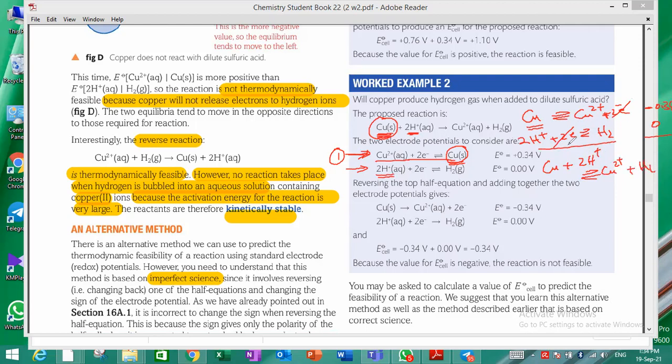So I got my equation. But when I added the E naught values, I got minus 0.34 volts. Since I got a negative value, this means that this reaction is not feasible. For any reaction to be feasible, the E naught cell must be a positive value. Okay?